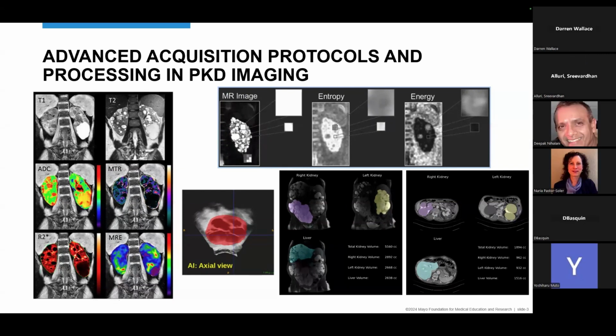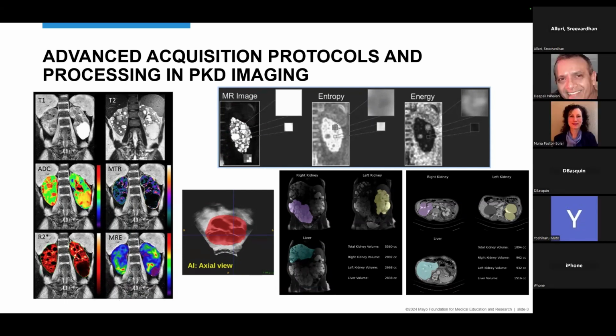We worked a fair amount on things like quantitative MR imaging, here really looking for methods that could go beyond total kidney volume and extract additional information, particularly about the kidneys. Things like, could we characterize fibrosis, or could we characterize microscopic cyst burden, something maybe beyond what we can actually resolve with the current images that are acquired.